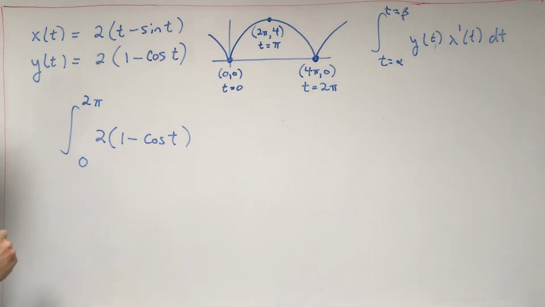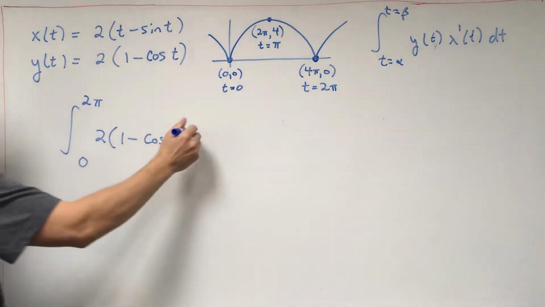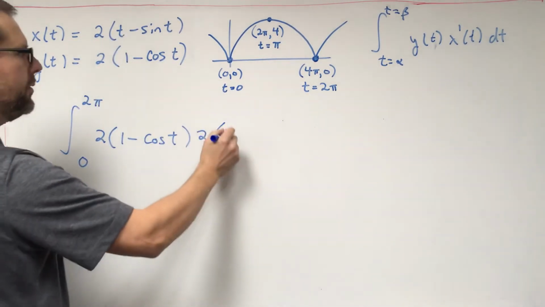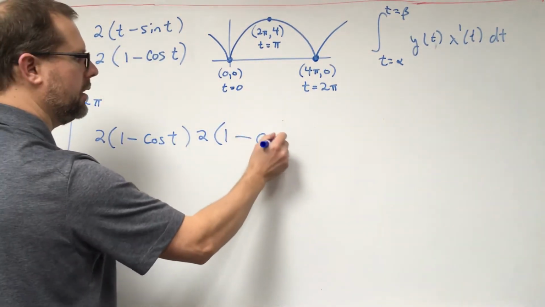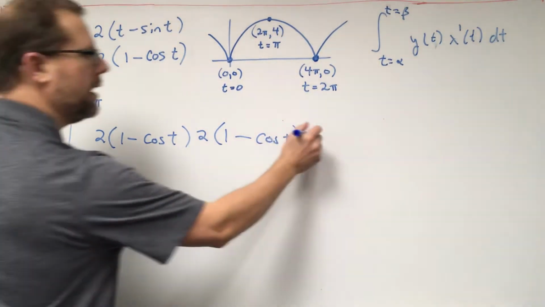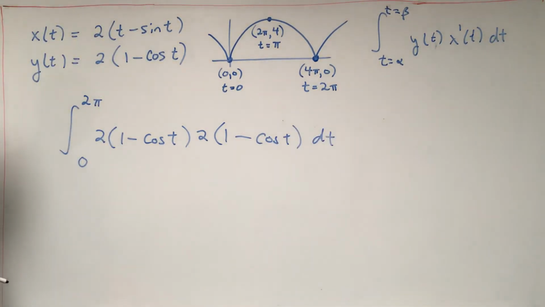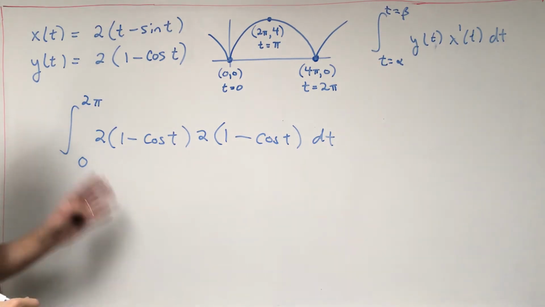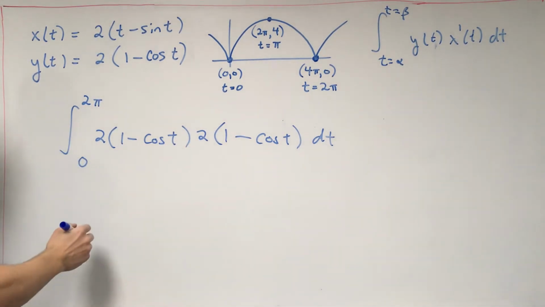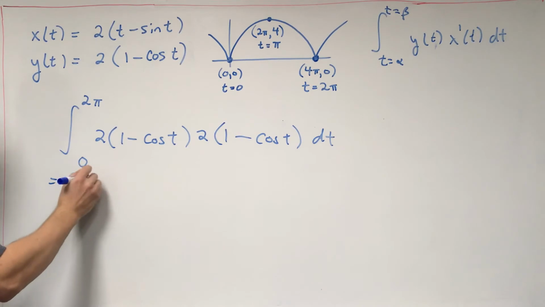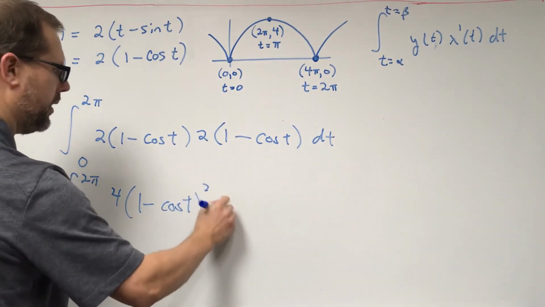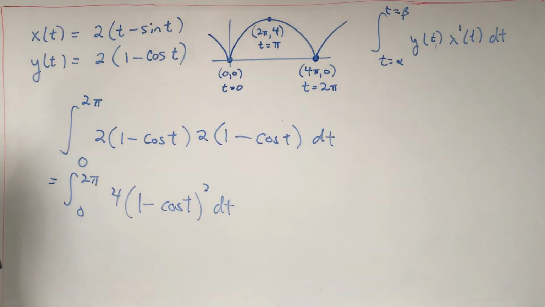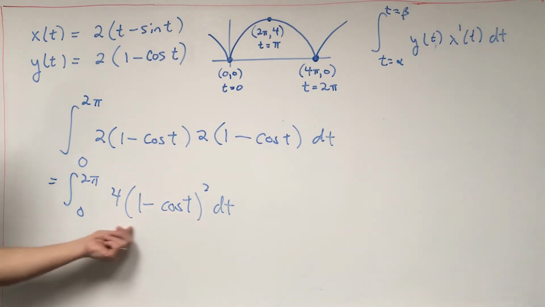We need to compute x prime, and so x prime is going to be 2 times the derivative of t, which is 1, minus the derivative of sine t, which is cosine t, and then we need a dt. And so if we're just focused on the setup, we've got that so far, and in fact we can write this a little bit more nicely. 4 times 1 minus cosine t squared, and then we can talk in a moment, if necessary, how to finish this out. But you can algebraically expand this, right?